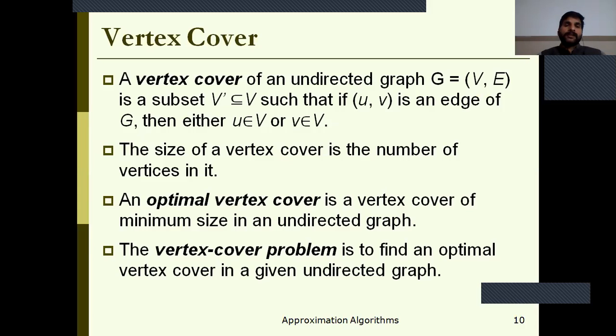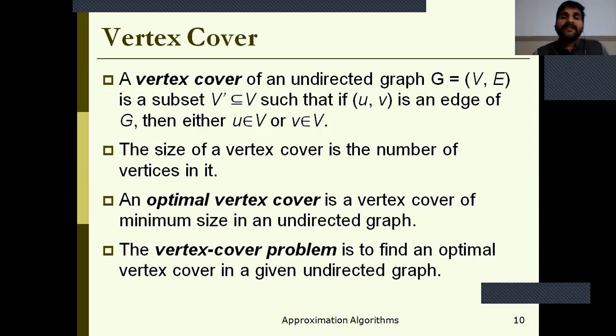Suppose a vertex cover of an undirected graph G equals (V, E), with a set of vertices and a set of edges, is a subset V dash, a proper subset of V, such that if (u, v) is an edge of G, then either u is an element of V dash or v is an element of V dash.